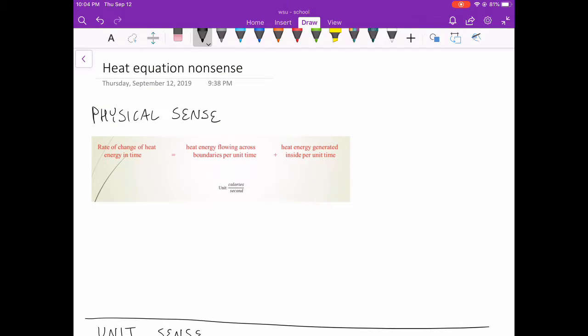I think it makes the most sense to start with the physical, because that is the one that actually makes the most sense to me. The idea is that the change in heat needs to be equal to both any heat that's coming into the area and any heat that's being generated in the area.